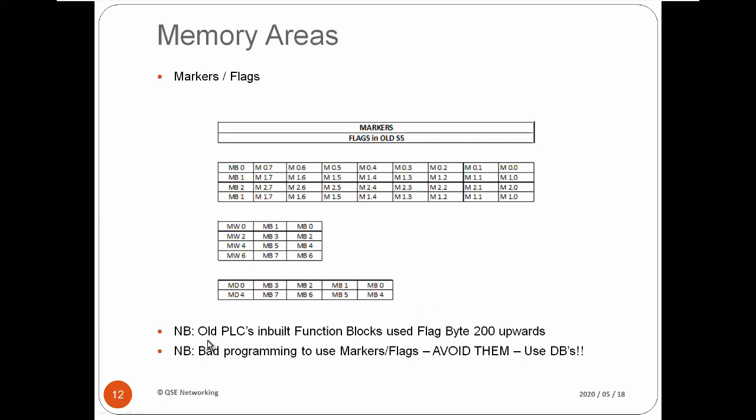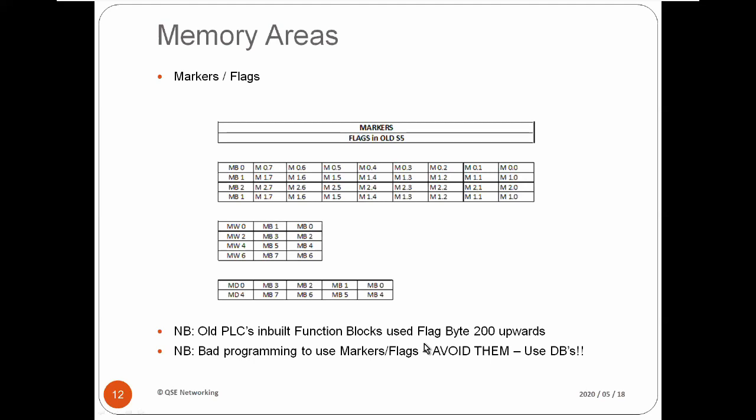So as a rule, I don't use markers anywhere in my programs. If you ever see it there, it's probably a very quick temporary check or test, but I never use markers. Avoid them.